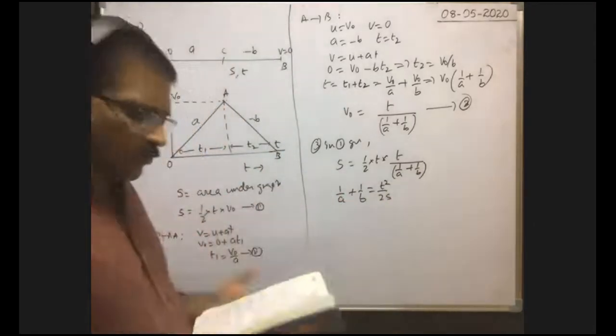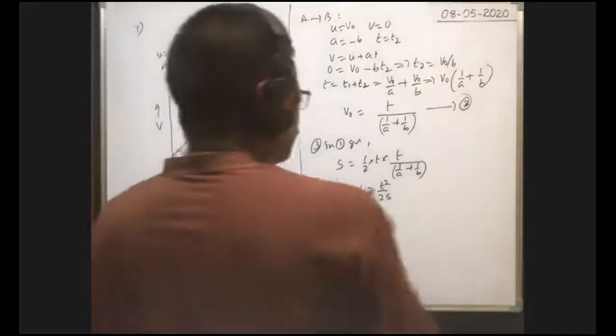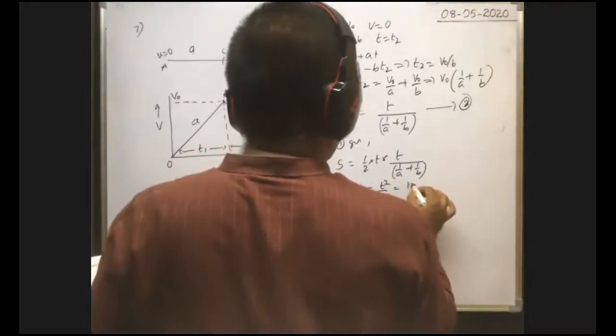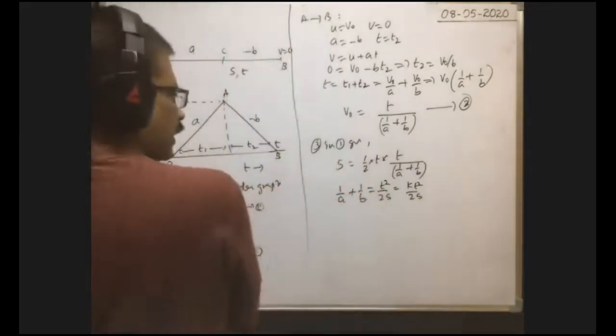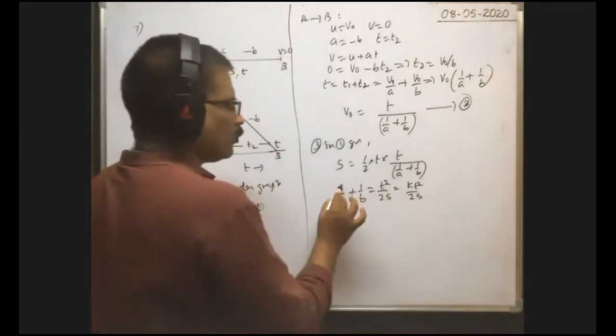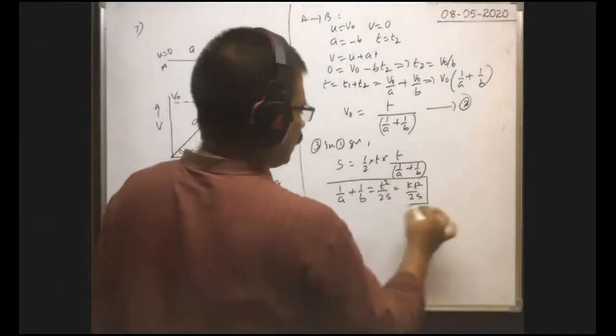But in the answer, it is given as K t square by 2S. So answer is given as 1 by a plus 1 by b is equal to K t square by 2S. Then what is the value of K?